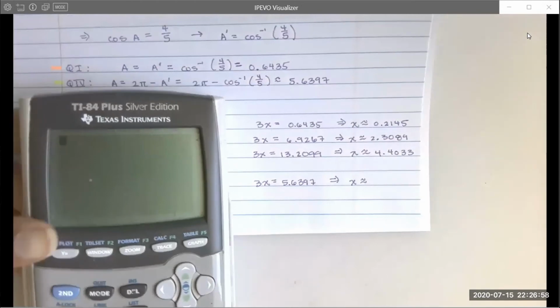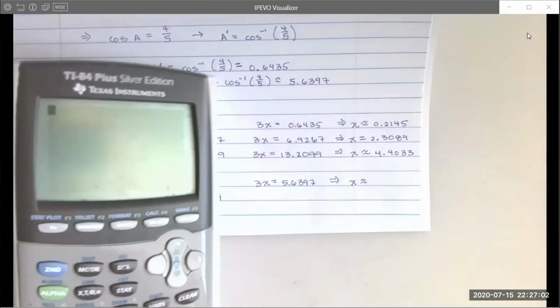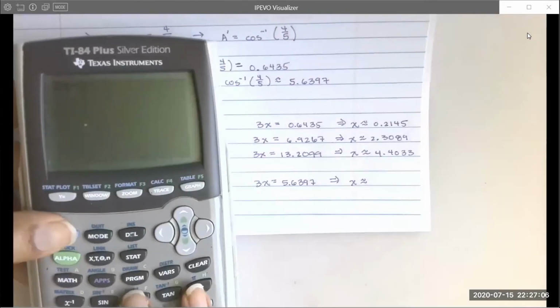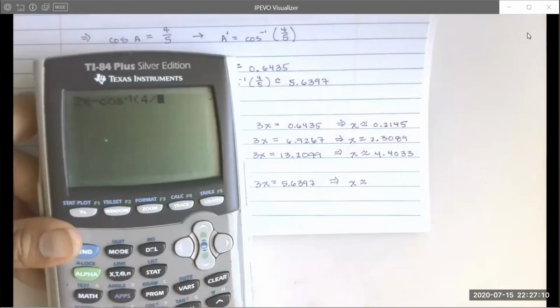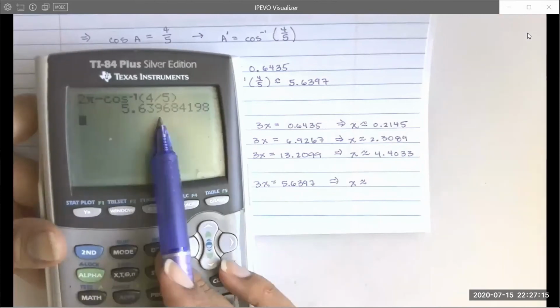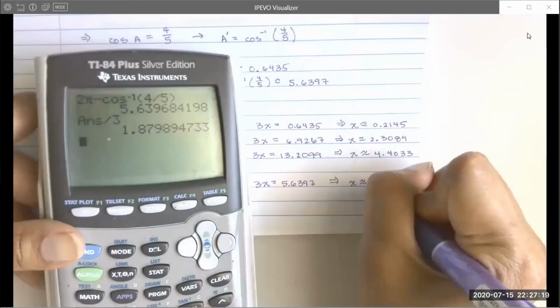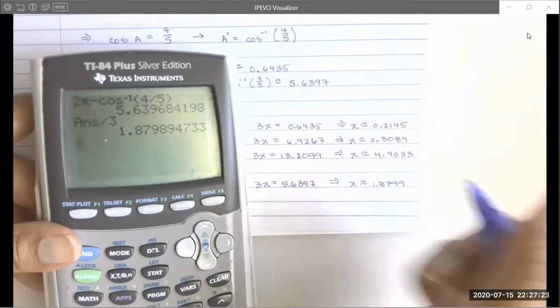Here we're going to get, this one was corresponding to 2 pi minus cosine inverse of 4 over 5. So 2 pi minus cosine inverse of 4 over 5, we get 5.6396 divided by 3. That's approximately 1.8799.